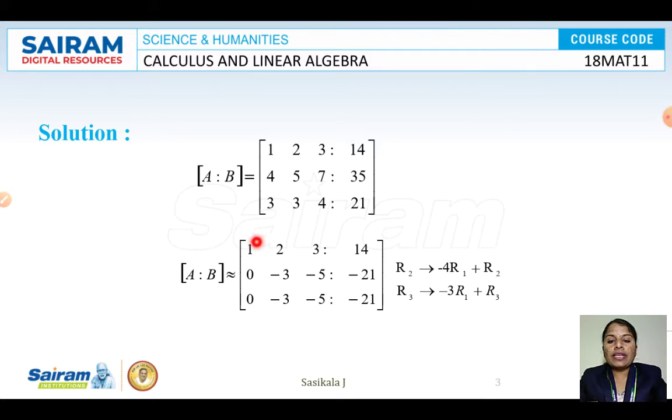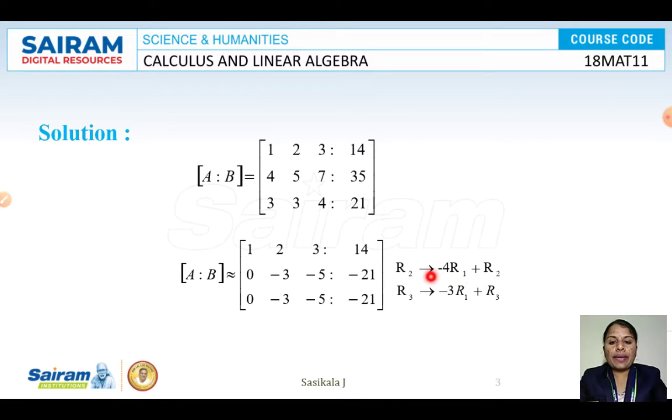I multiply R1 by 4 and combine with R2 so that it goes to 0. To get 0 in this position I need minus 4 multiplied with the entire row, then add it to the second row. That's what is written: R2 implies minus 4R1 plus R2.